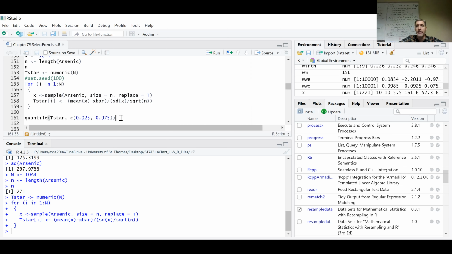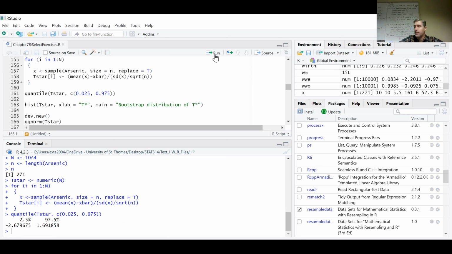And I want the 0.025 and the 0.975. And there they are. And that's basically where I got my values. These are a little bit different because it's a different simulation. But I got negative 2.67 and 1.69. Pretty close. And then I took those and brought them back to the board.